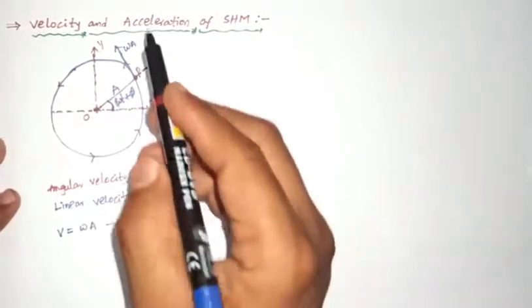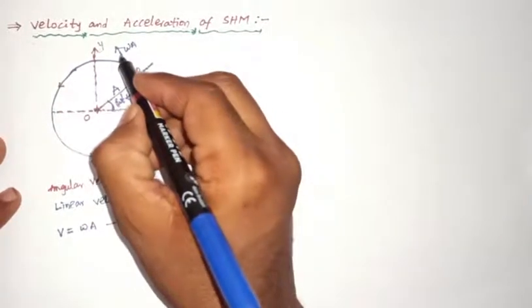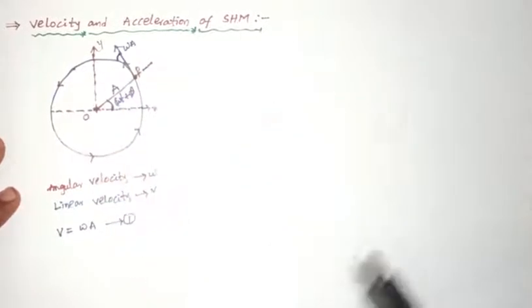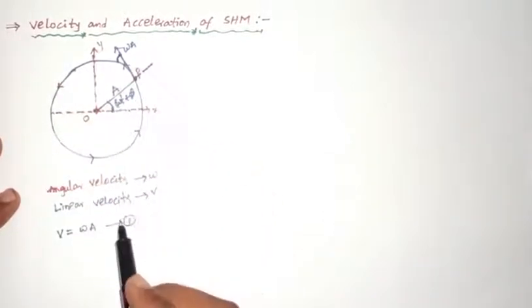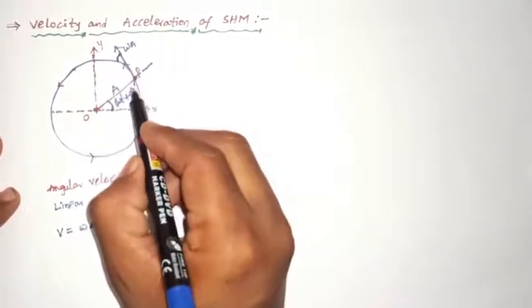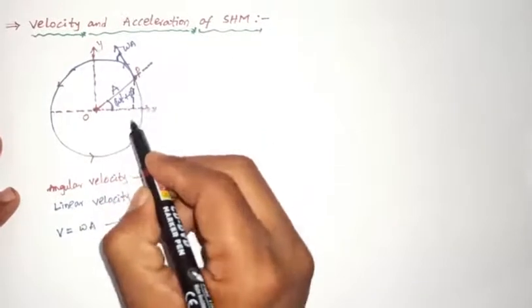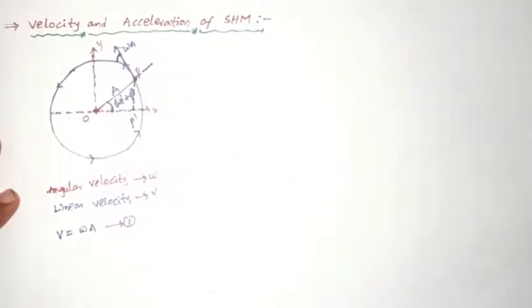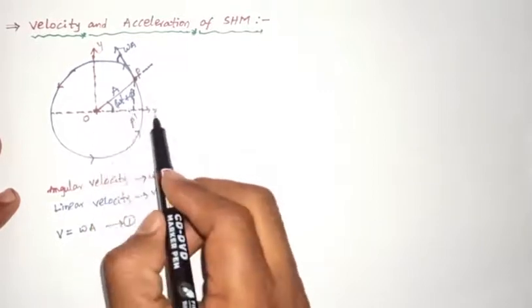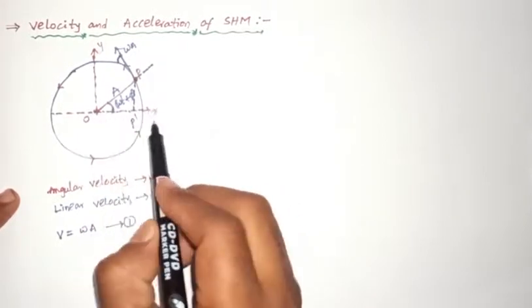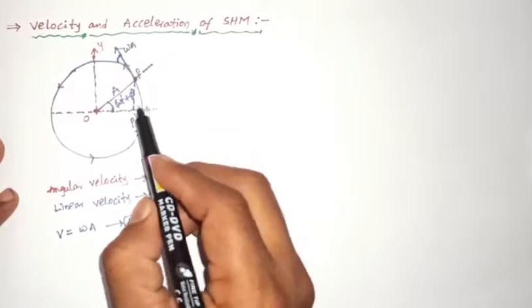Next, the angle we have taken here is omega t plus pi. As it moves continuously, we take a perpendicular line on the x-axis, the axis along the x direction, and the foot of the perpendicular is the point P dash.